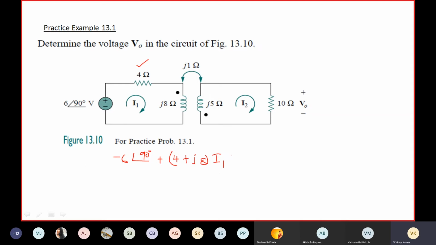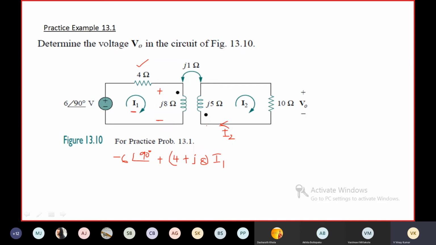Now let me include the mutual induced EMF. Anyhow, you are collecting voltage at this point with respect to this point, according to the direction of this current. You are going to collect the mutual induced EMF because of the current flowing through coil 2. I2 is entering the dotted terminal of coil 2.